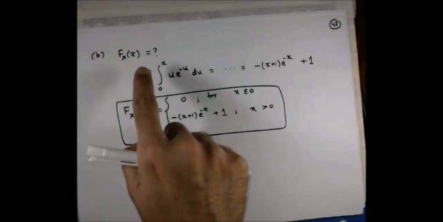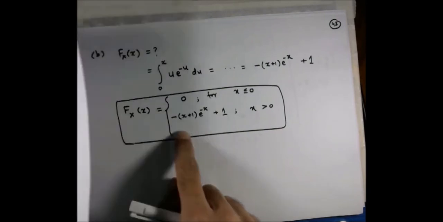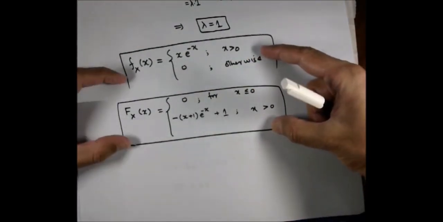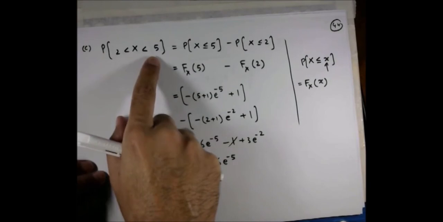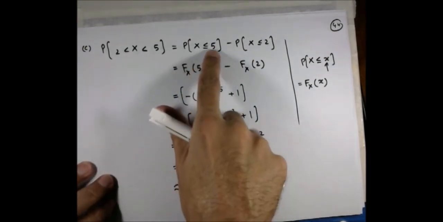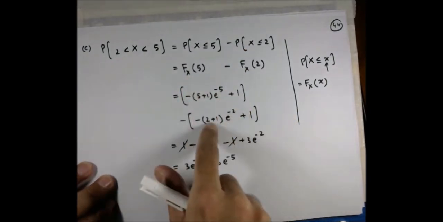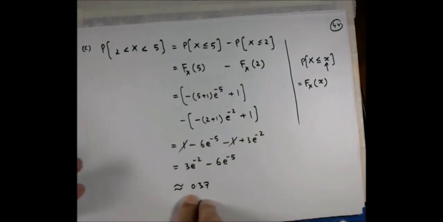We can simply integrate this expression and find the CDF. So now this is our CDF expression, and this was our PDF expression. So now both of these expressions are available, so we can find the probabilities of meaningful intervals. First, this interval can always be written as such, and so we can write this as the CDF at 5 minus the CDF at 2, and then you simply plug in the values of x in these expressions, and we find this probability.